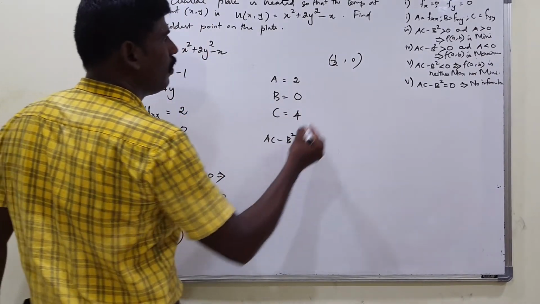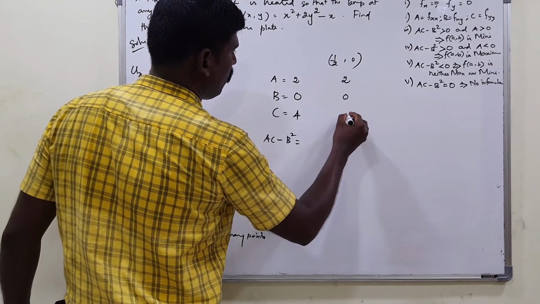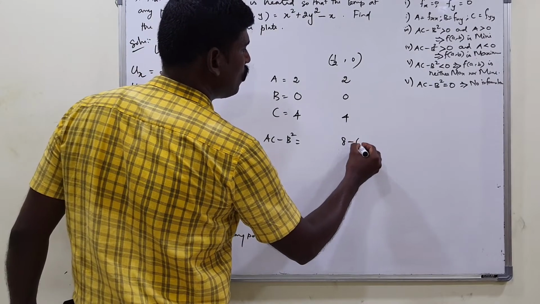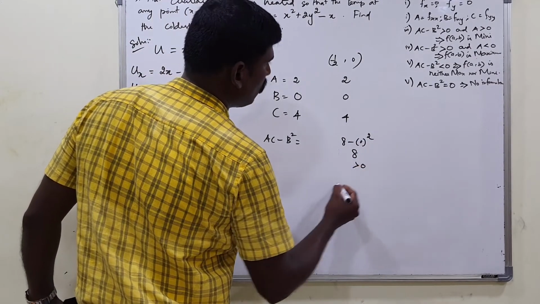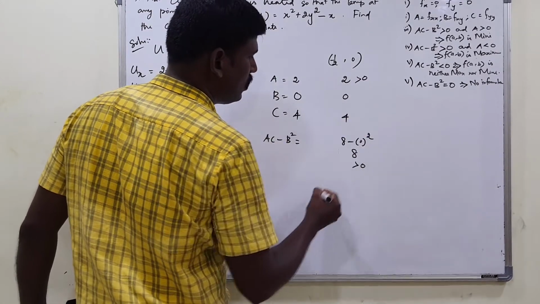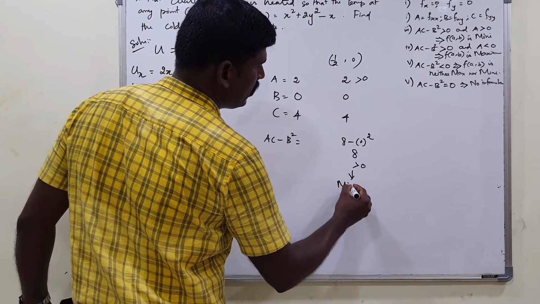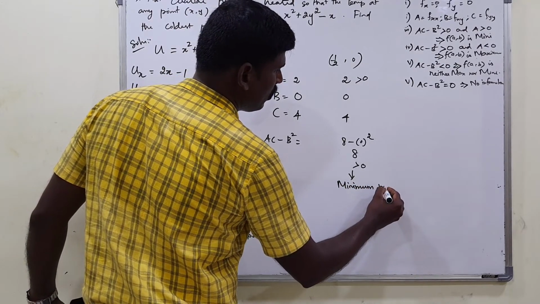Right? That's all. So this is also constant. Okay, right? So what is the value of a at this point? 2, 0 and 4. So what is ac minus b square? A into c, 8 minus 0 square, isn't it? So what? 8. 8 is greater than 0. At the same time, a is also greater than 0. Therefore, this point is minimum point, isn't it? That means coldest point.